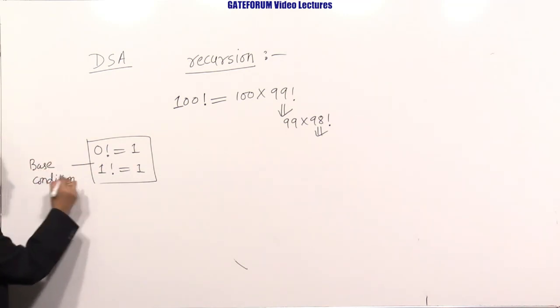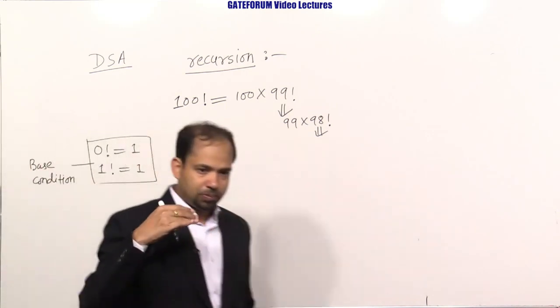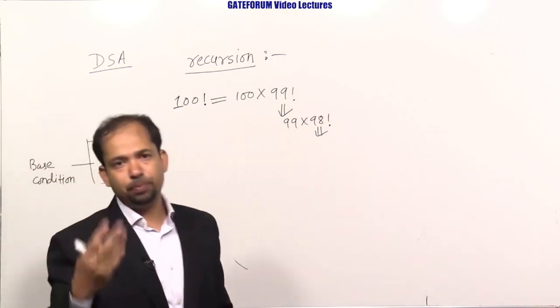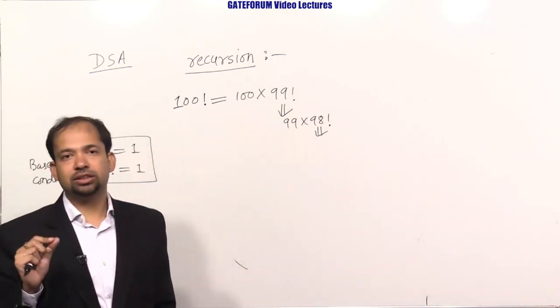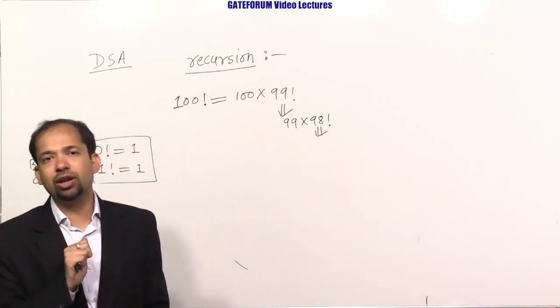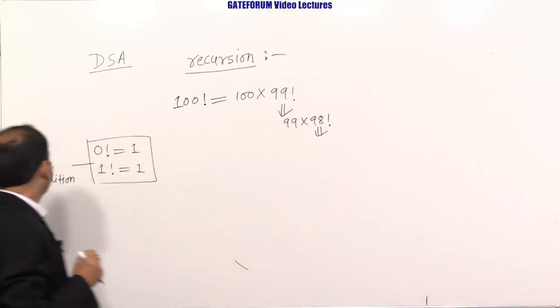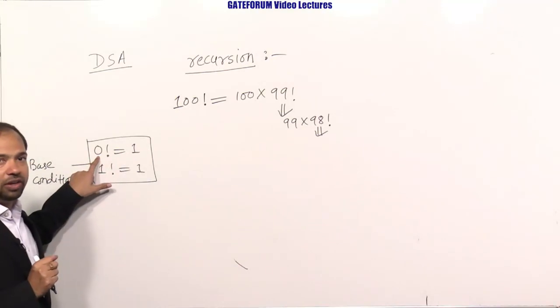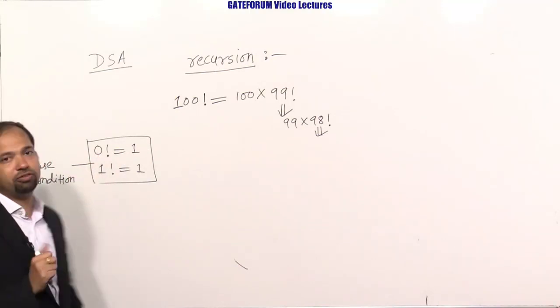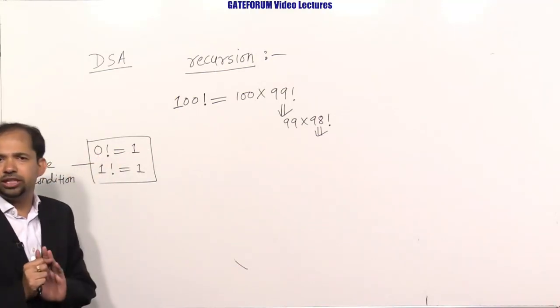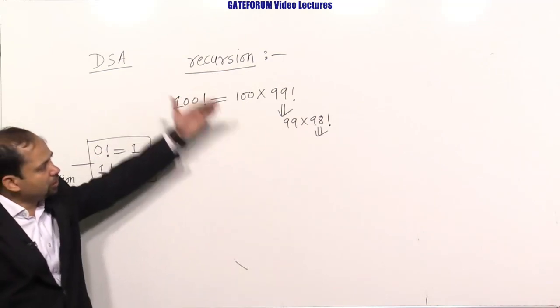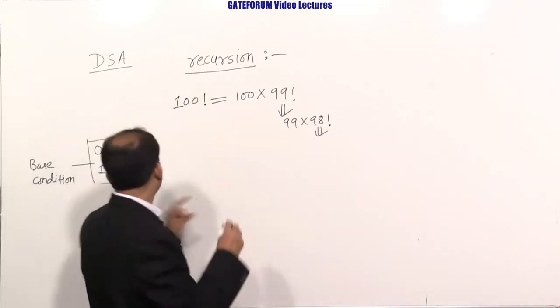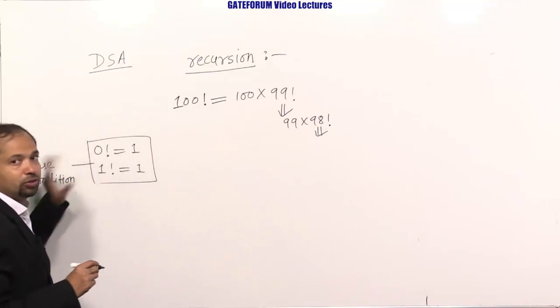In recursion, the size of input where you know the answer is called the base case. Here we only know the value of 0 factorial is 1 and 1 factorial is 1. The rest we don't know. So this decomposition continues till we reach either of these where we know the answer.